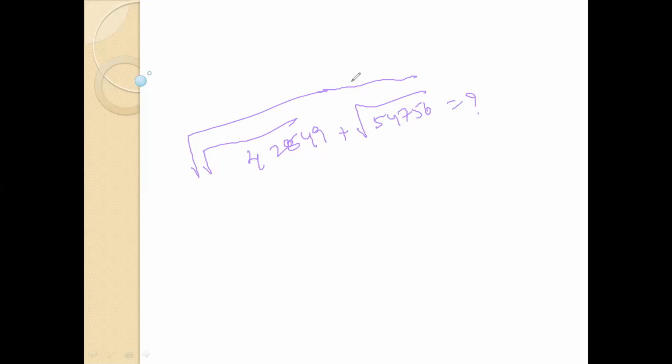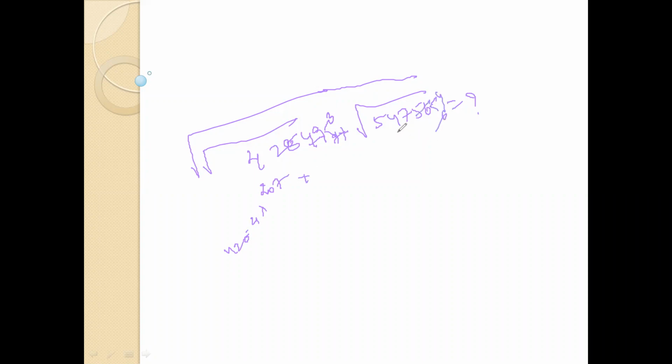First, find the square root of this one. Last digit 9 means the root ends in 3 or 7. Remove the last two digits: 428. 21 square is 441, 20 square is 400. So 20 into 21 is 420, and this value is more. So here we take 7: 207 plus 6 means the last digit is either 4 or 6.